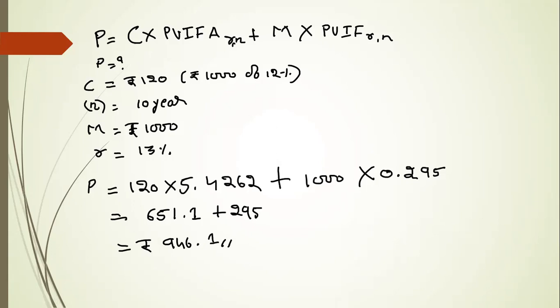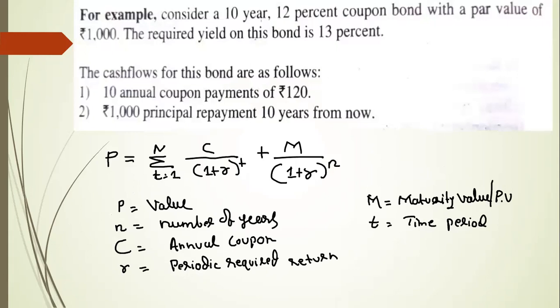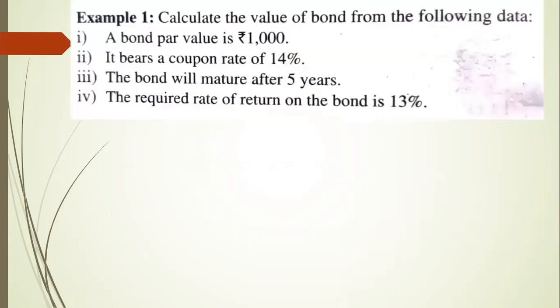So the present value of the bond is rupees 946.1. I hope you understand how to see the table and put in the values, or else you can use the above formula for the calculation. Now let's move to another problem.